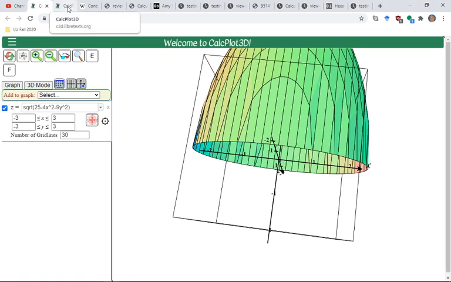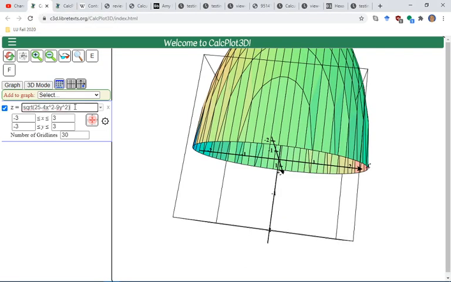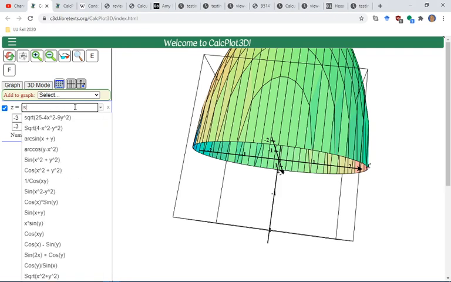Let me leave this here and pick another one. I was going to talk about that too, but maybe let me go back here and erase this one.